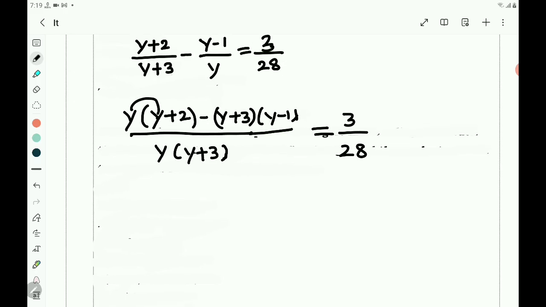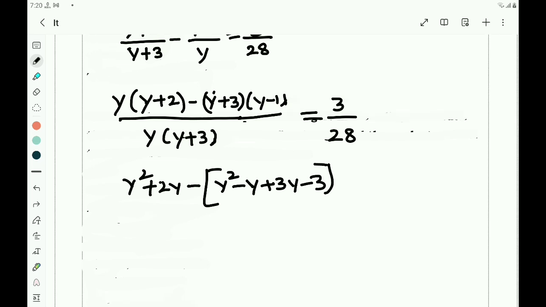Then multiply y by y and write y square. Y into 2, 2y, plus 2y. Then write minus and multiply y by y, y square. Y into minus 1, minus y. 3 into y, 3y, plus 3y. 3 into minus 1, minus 3.